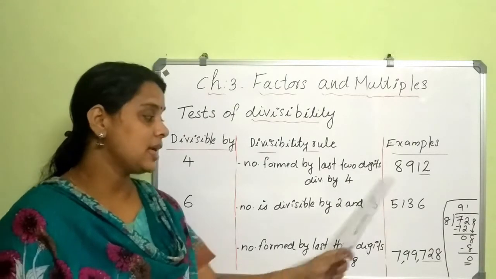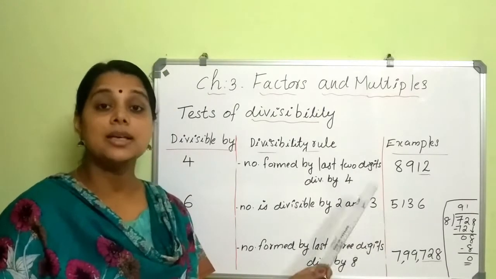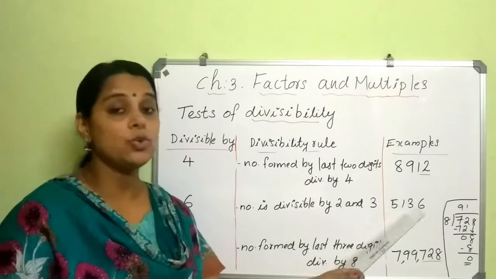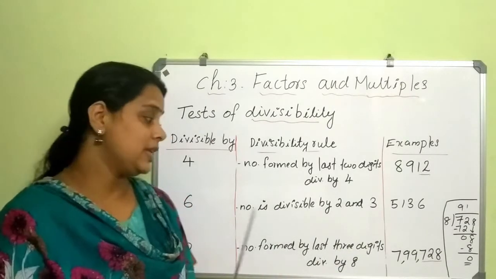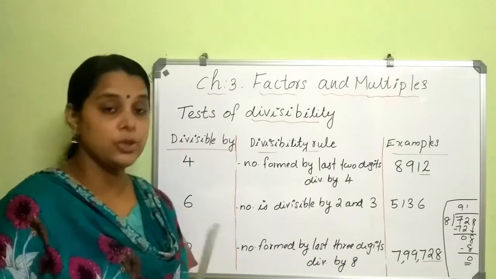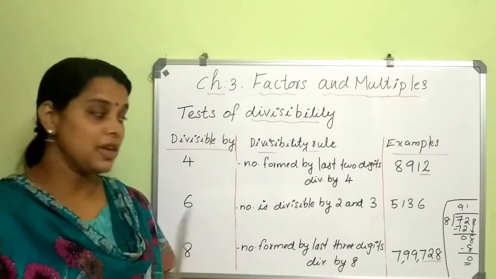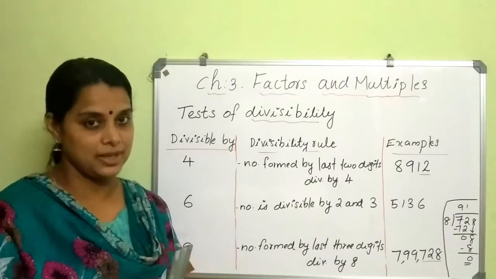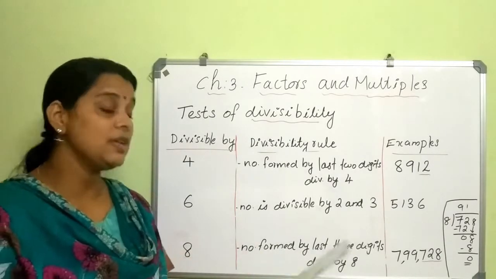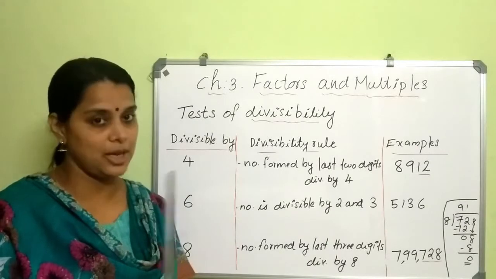So we can say this number is divisible by 6 because it is divisible by 2 and 3. Suppose, children, a number is divisible by 2 but not divisible by 3. Then the number is not divisible by 6, because the number should be divisible by both 2 and 3.